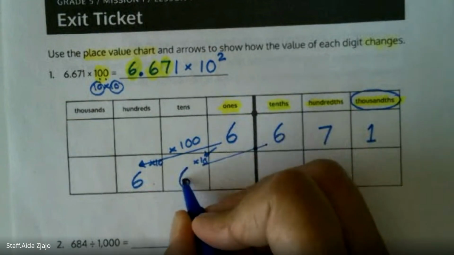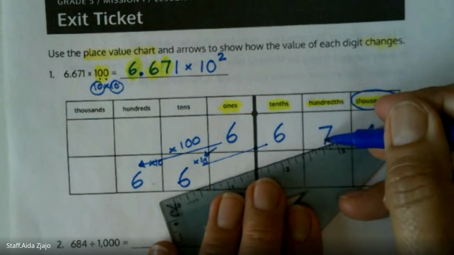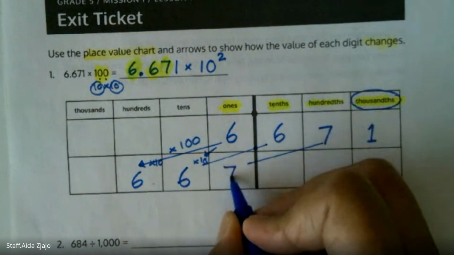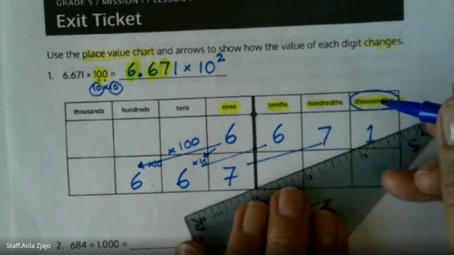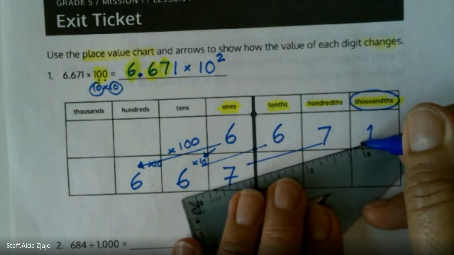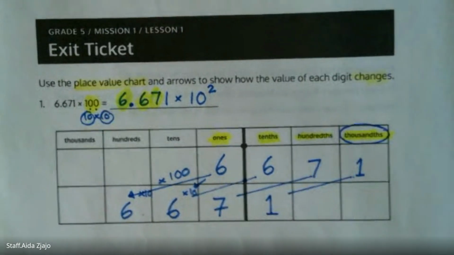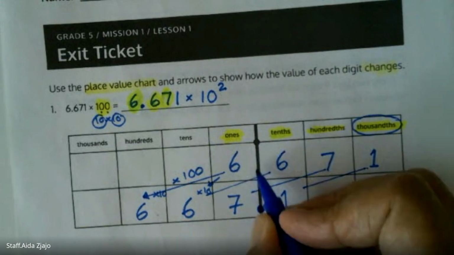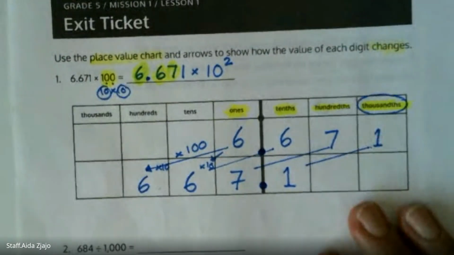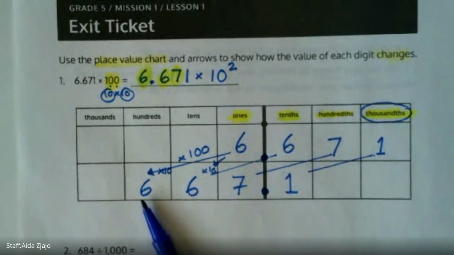So here's another 6. And then 700 will become 7 ones. And then 1000 will become 1 tenth. And the decimal will stay in the same place. It's logical: if you say 6 times 100, it becomes 600.